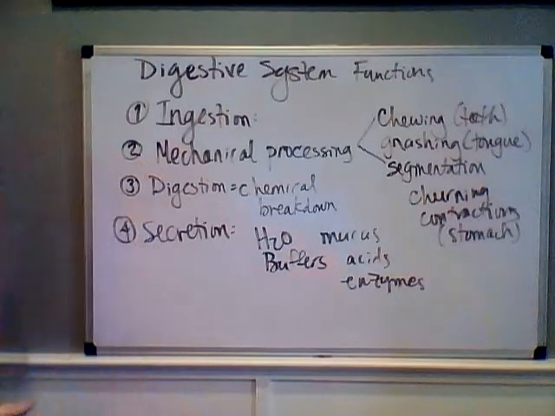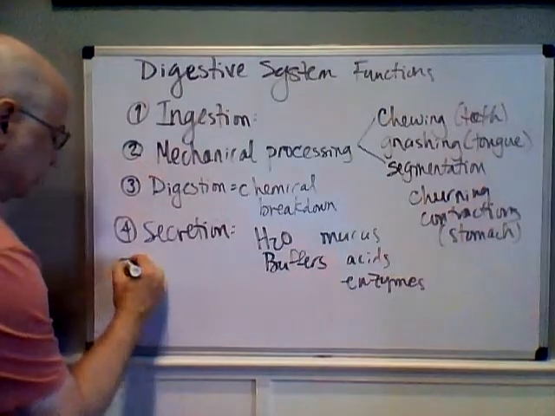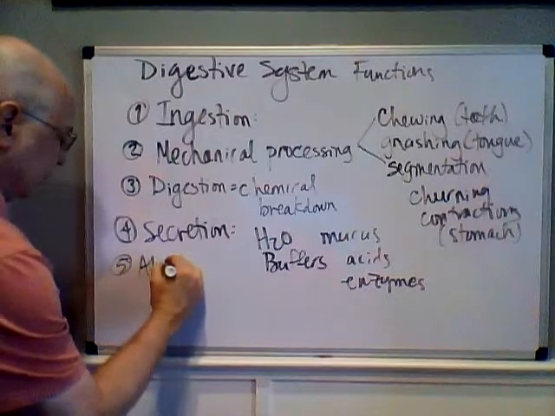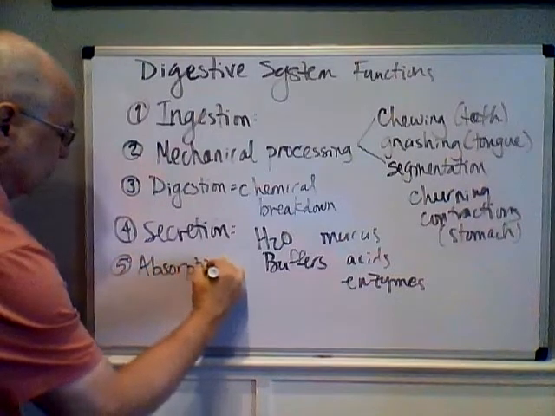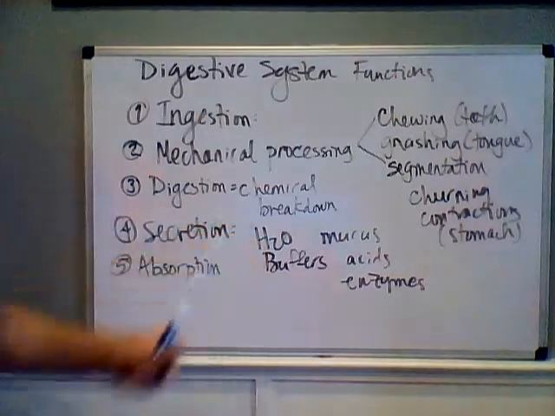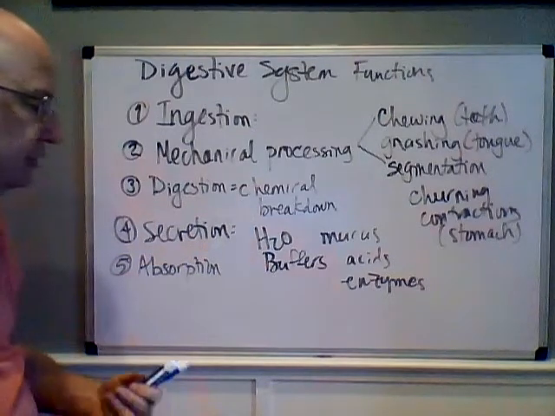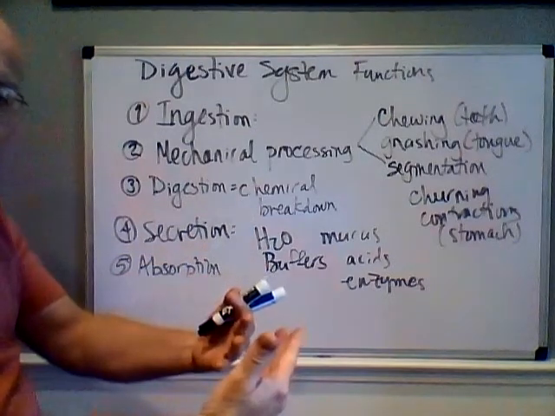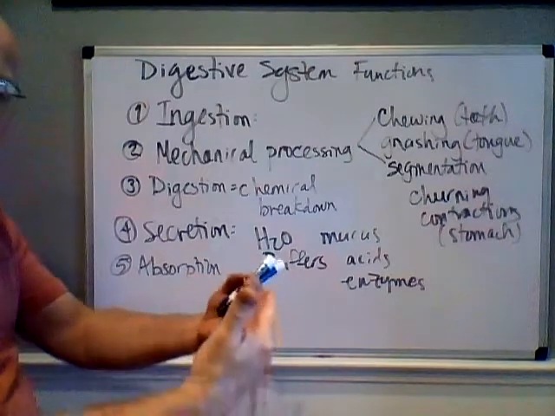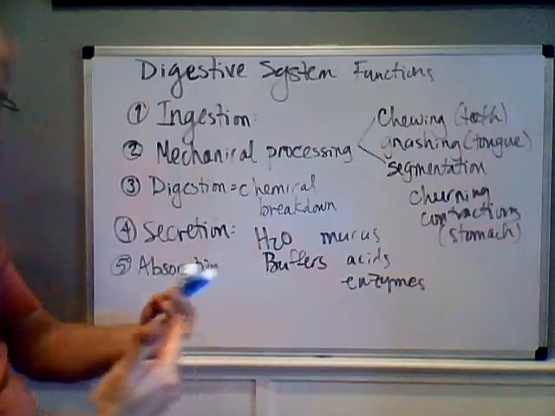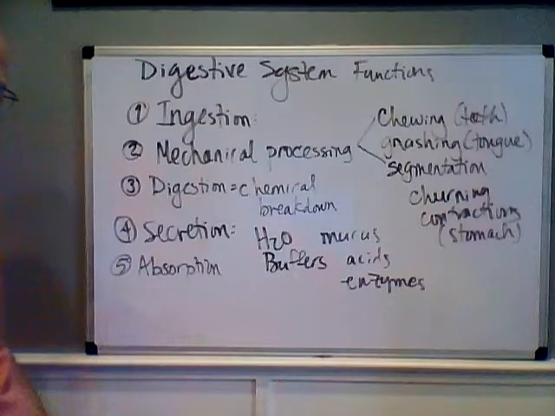The next major function is going to be absorption. I'm not going to write out the definition of absorption. I'll tell you what it is. You can copy it down, but absorption is simply moving the digestive contents, the nutrients, the valuable ions and things we need across the digestive lining into the bloodstream.